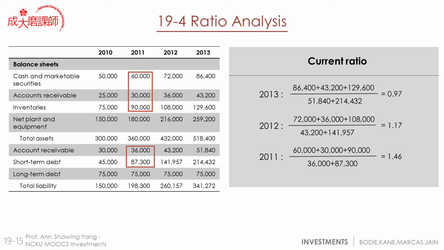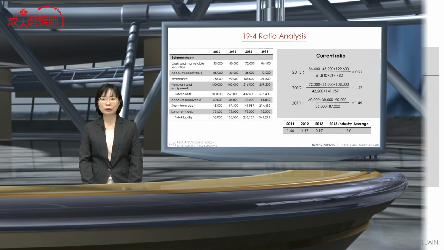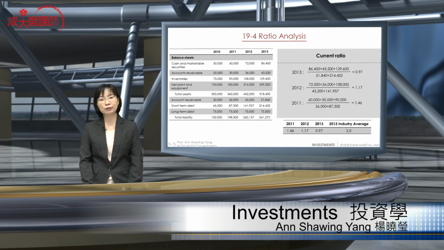So this shows us the current ratio used to be very good in the past, but as time goes by, the firm is not doing quite well in the current ratio. The industry average is actually 2.0. So regardless of the 1.46 in 2011, which is better than all the other years, the firm is declining in its performance.